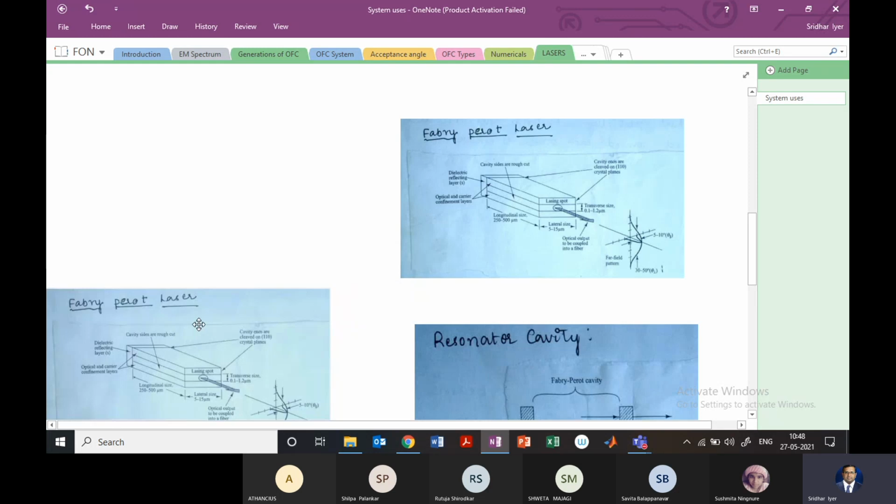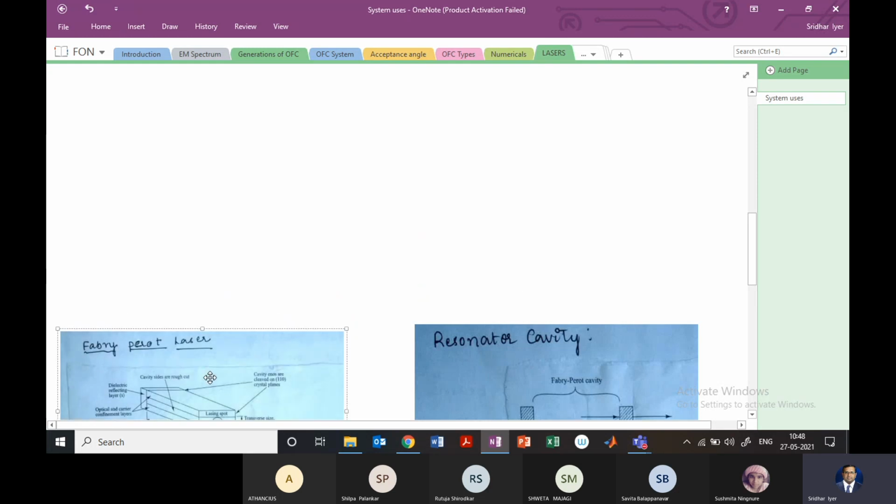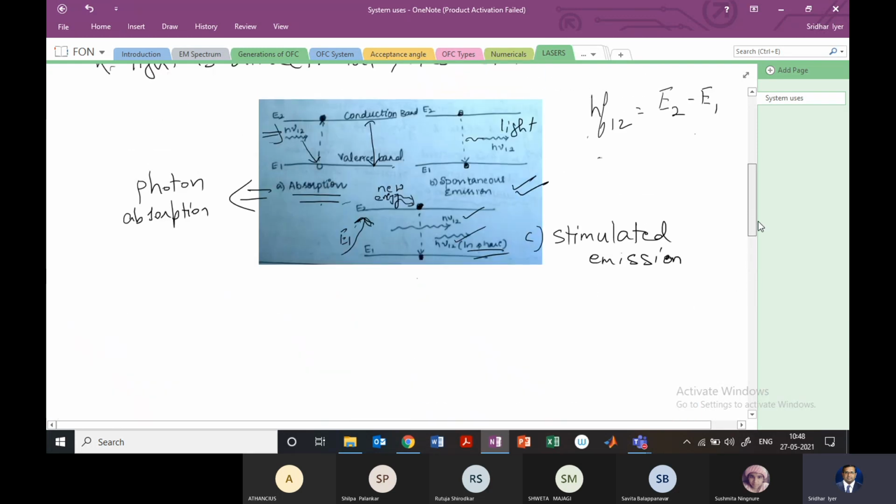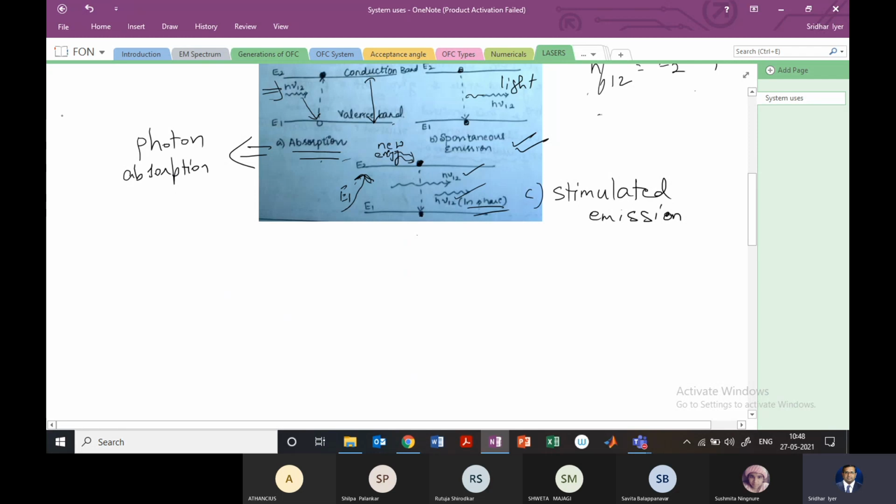Let me explain another concept which is very important in terms of the laser, and that is known as population inversion. Okay, this is a very important concept, very basic also, which we need to know.